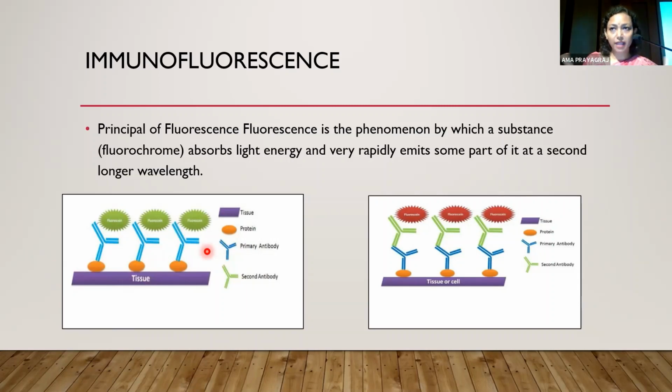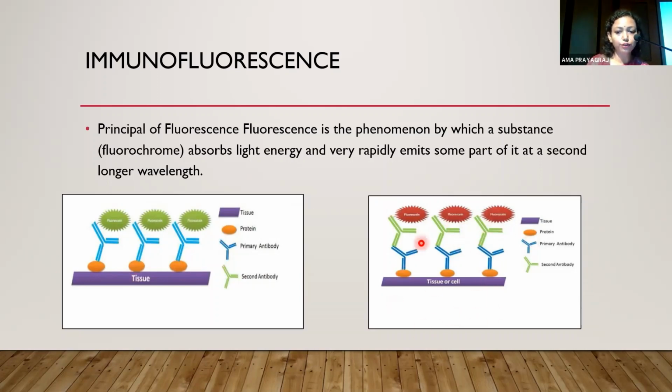Then we have this IF microscope, which is specially designed to emit light at a particular wavelength. That blue light falls on the tissue, and the fluorochrome absorbs the blue light and emits light of green wavelength, which is longer than the blue wavelength. And that is why in the IF images you see, green fluorescence is being emitted. So this is what we are doing in our department.